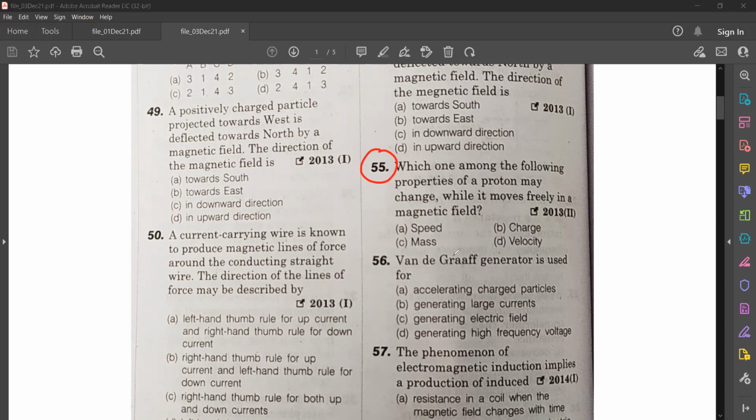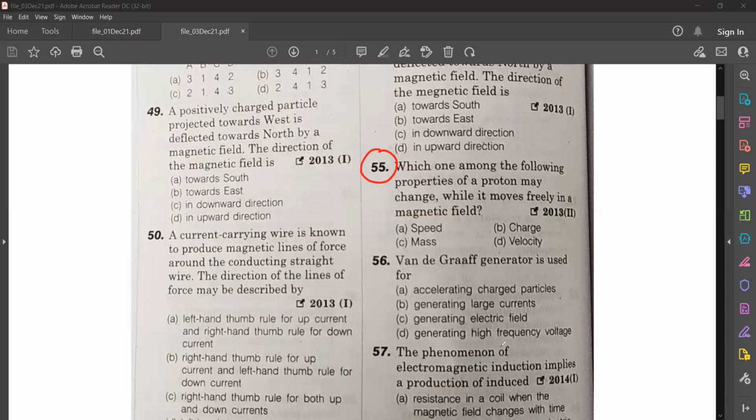Speed, charge, mass, velocity. Okay, read the question carefully and comment the answers, all of you.